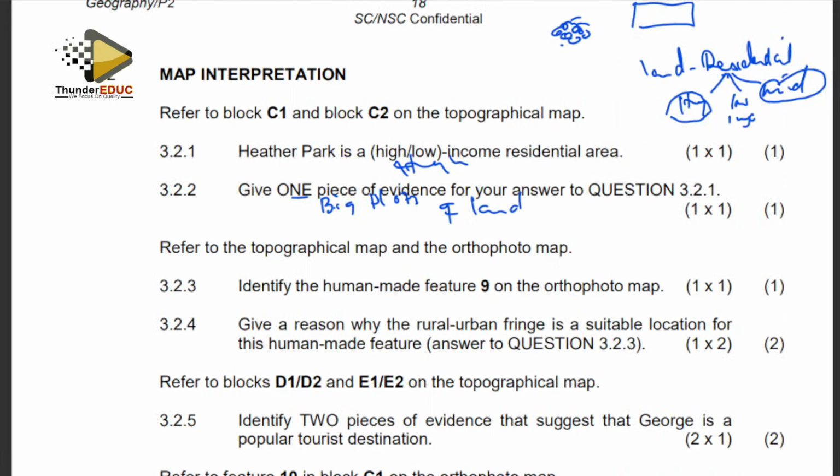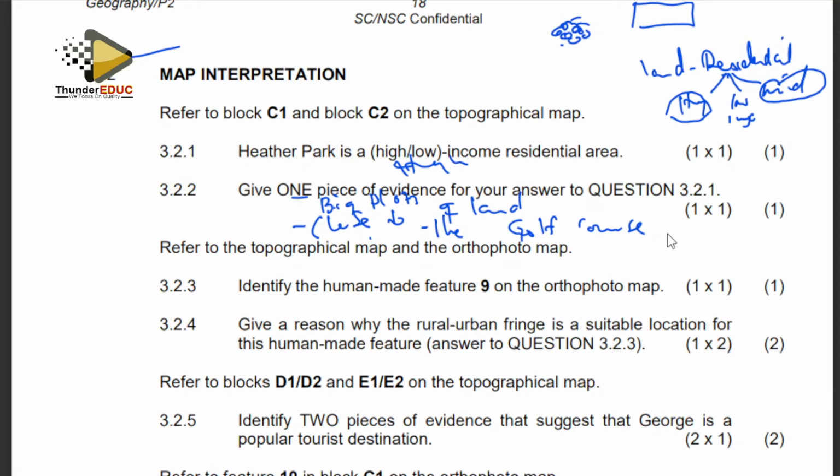So we can say as evidence that it is located close to the golf course. Remember, the people who are enjoying that game are the rich. Therefore, they stay next to it.